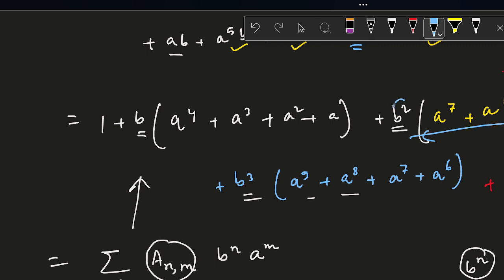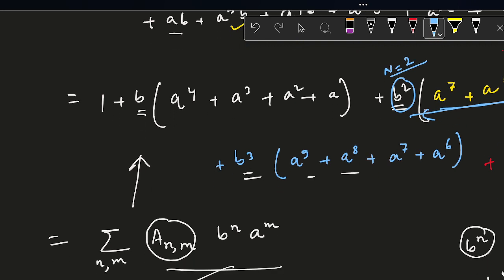Now they have specified n equal to 2 over here. For all of these different choices of u, where u is the power of a, we can have u equal to 7 for the first term, where a to the power 7 is there, and you see that a to the power 7 times b squared has a coefficient of 1. That means a with u equal to 7 and n equal to 2 is nothing but 1.